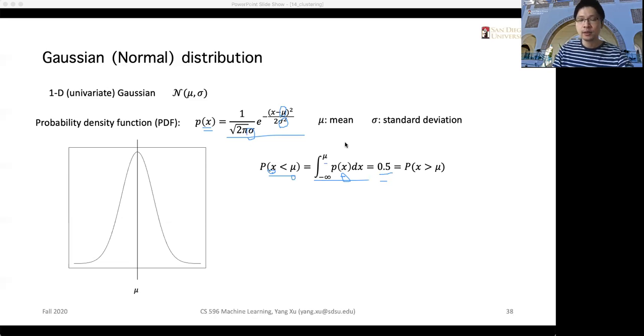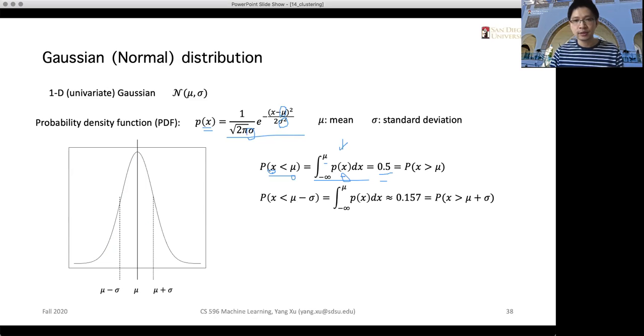Okay, so this is a very common usage of the PDF function in computing the probability of certain values of the random variables. We can also define a custom range within this PDF function, and the area under this PDF function describes the probability that a randomly drawn variable falls into this range.